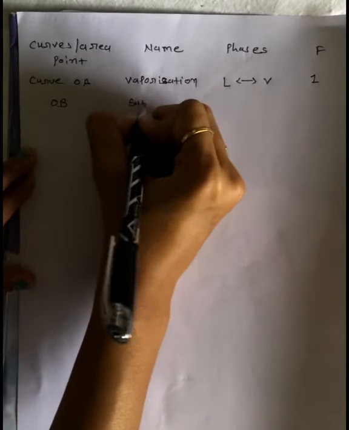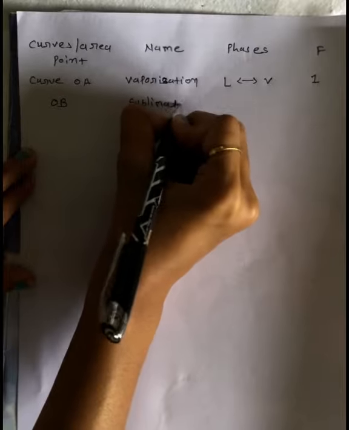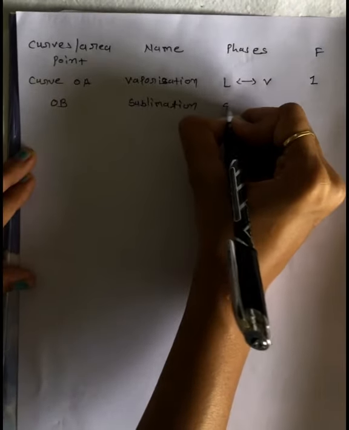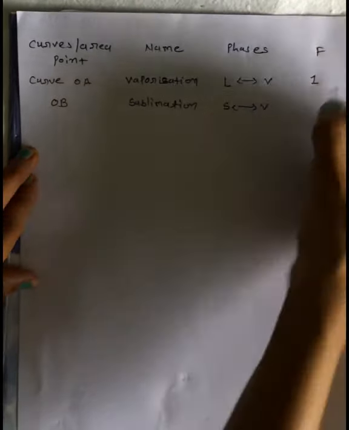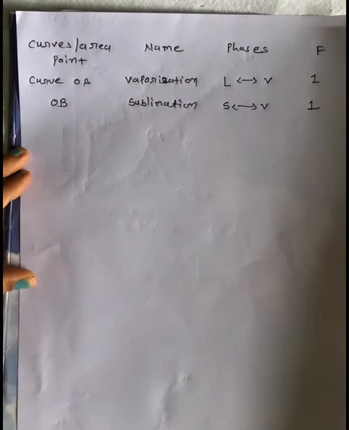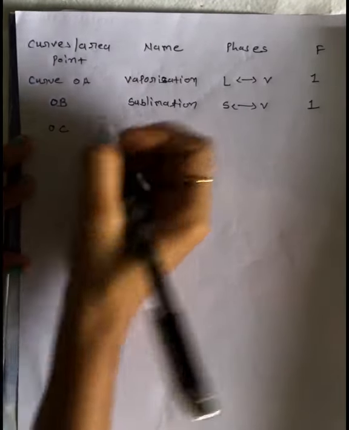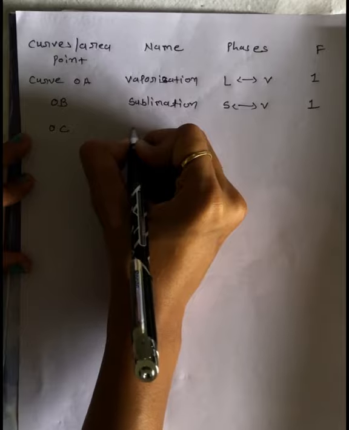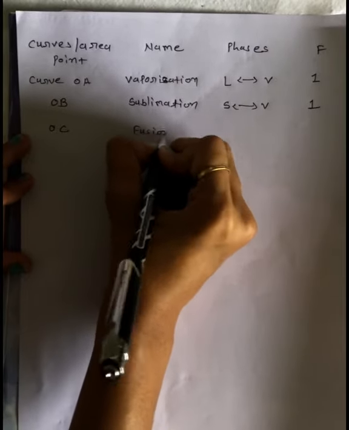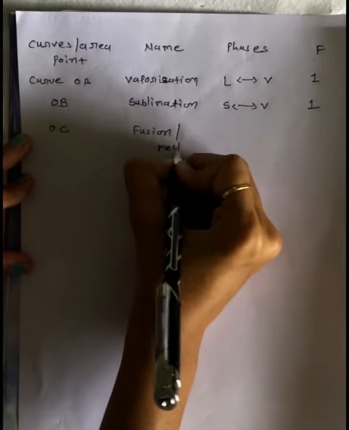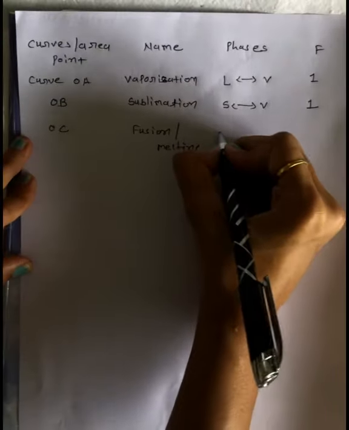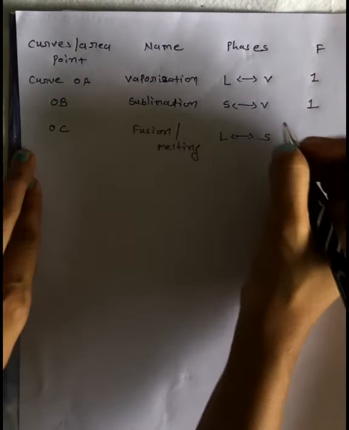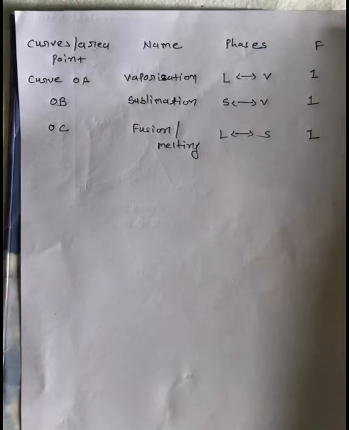Curve OB. This is called sublimation. Solid to vapor. Here also one degree of freedom. Curve OC. This is called fusion, or you can say melting. Liquid, solid.